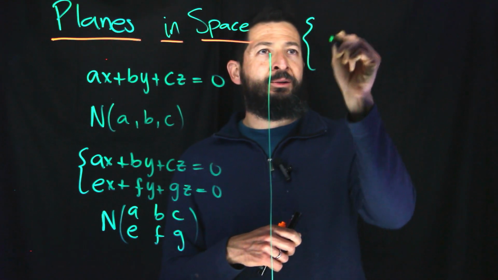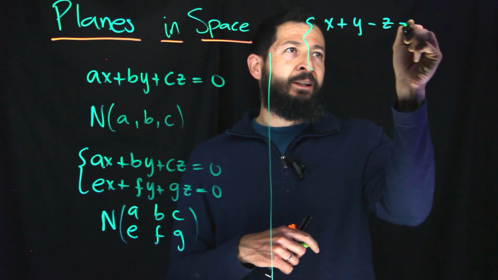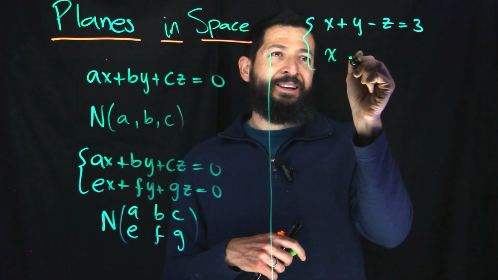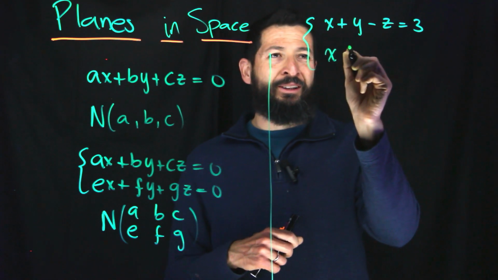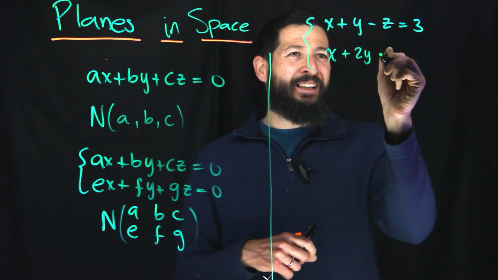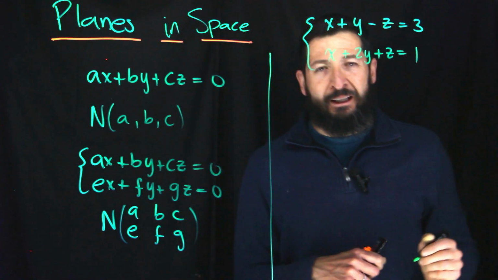So say I give you x plus y minus z equals 3, same one I had before. And let's say x, oh, am I going to cheat that badly? No, I'm not going to do that. Plus 2y, and then plus z equals 1, something like that.